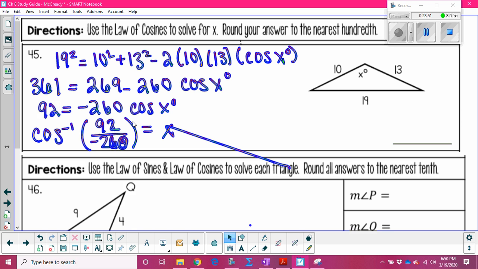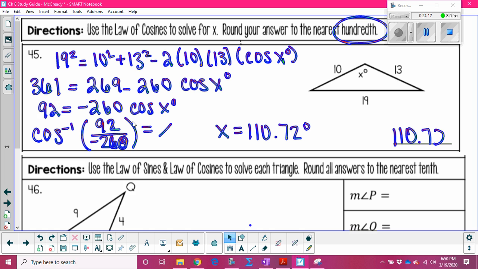Putting that in your calculator, the inverse cosine of 92 over negative 260 will give you 110.72 degrees, and the instruction said nearest hundredth. So 110.72 degrees is that angle.